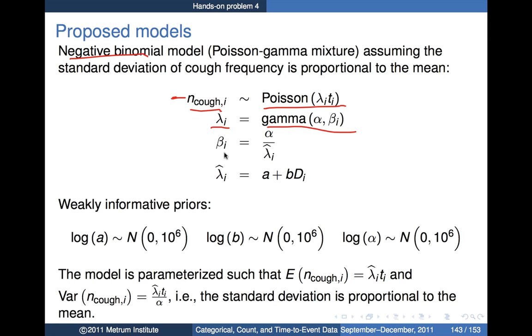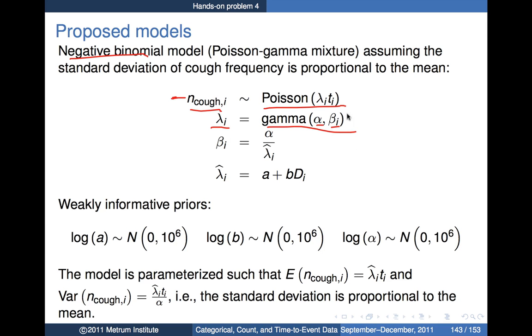And there's different ways that we could then parameterize this. Now the gamma is parameterized in two parameters here, alpha and beta. One property of the gamma distribution is that the mean of this quantity is going to be the ratio of alpha over beta, the first parameter over the second, and the variance is going to be, what is it, alpha over beta squared, as I recall.